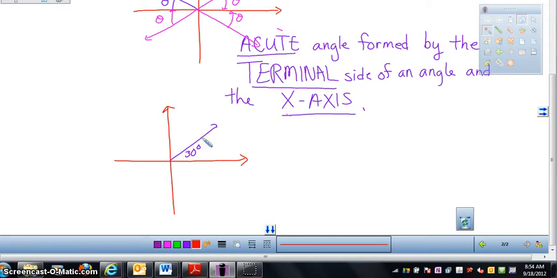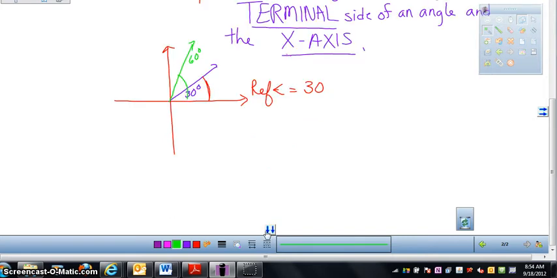The reference angle of 30 just goes back down to the x-axis, so its reference angle is just 30. Anything in the first quadrant is easy. It's whatever it is. So if I put in a 60-degree angle, its reference angle, 60 degrees, because it's in the first quadrant. First quadrant's easy.